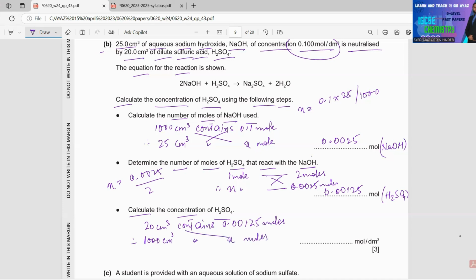Do the cross. What will you get? You will get X is equal to 1000 multiplied by 0.00125 and divided by 20. So we will get what? 1000 multiplied by 0.00125 divided by 20. 0.0625.